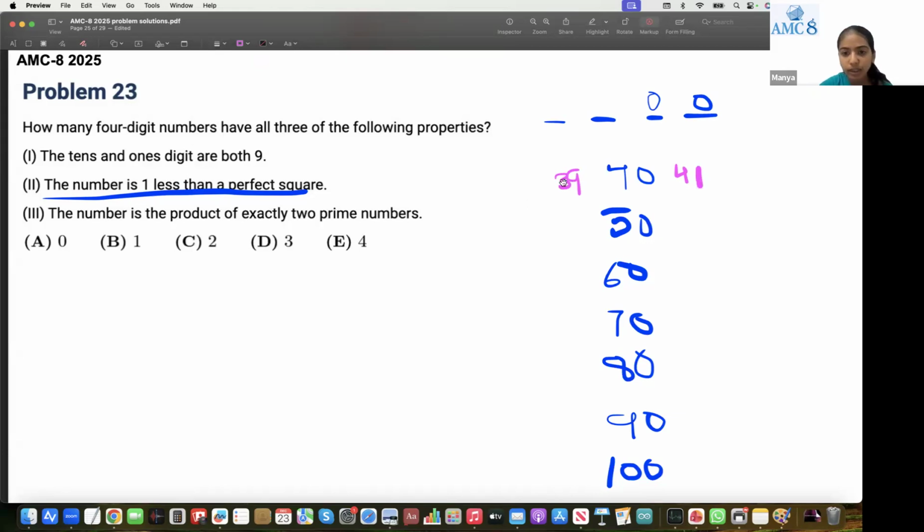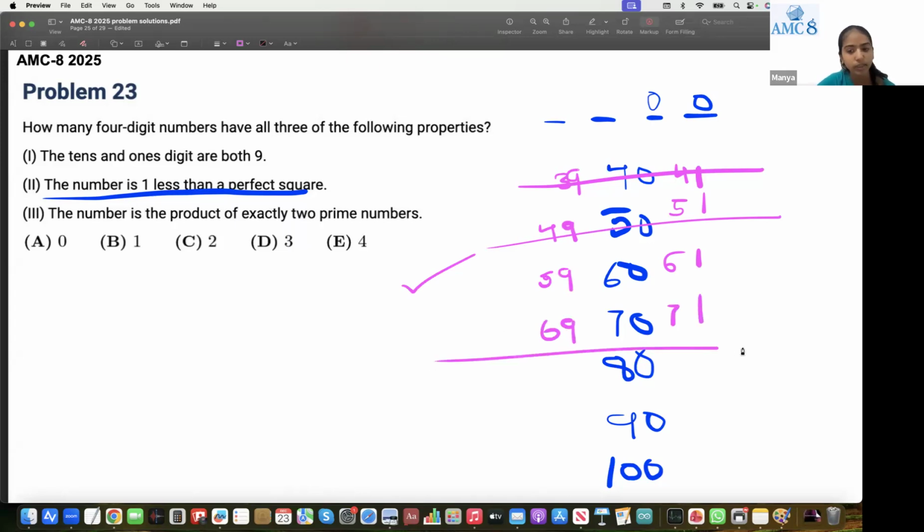But these two numbers have to be prime numbers, which they are not. So this cannot work. For 50, it has to be 49 and 51, which are not prime numbers once again. For 60, it has to be 59 and 61, which can work. For 70, it has to be 69 and 71, which are not.